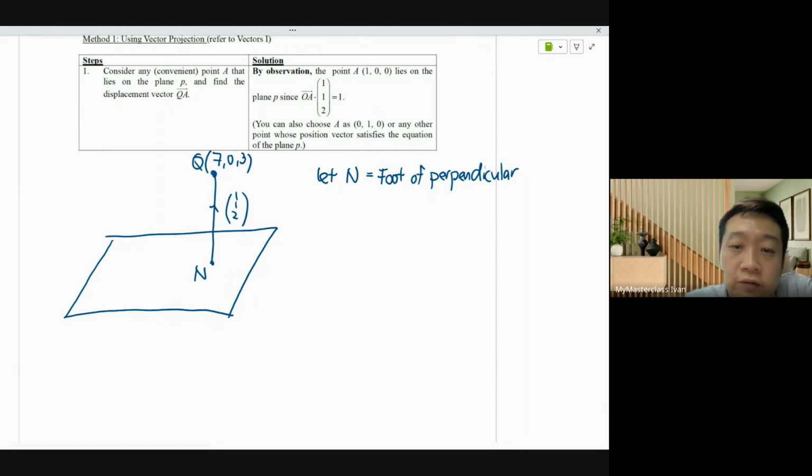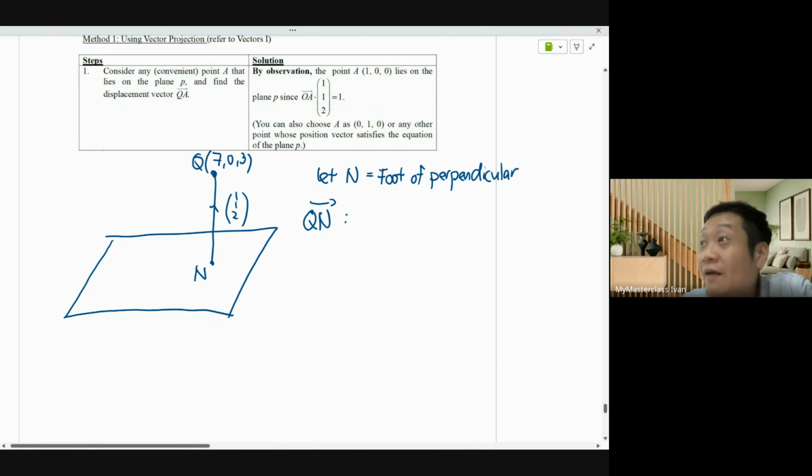So that means QN is a line, right? A line, what are the two things that a line needs, Joshua? Which is r equals 7, 0, 3 plus lambda 1, 1, 2.